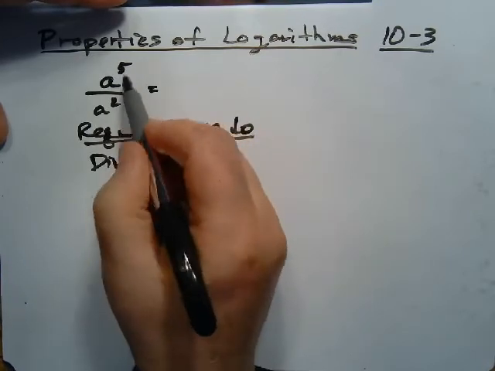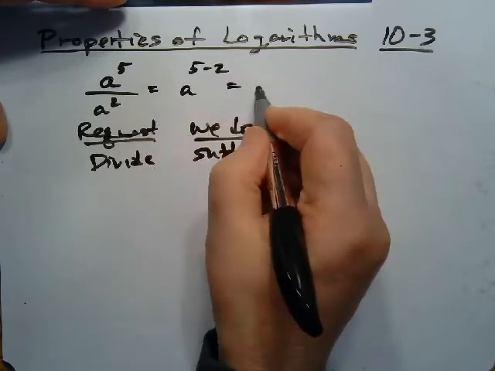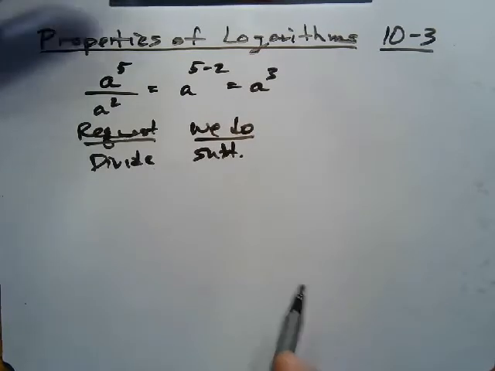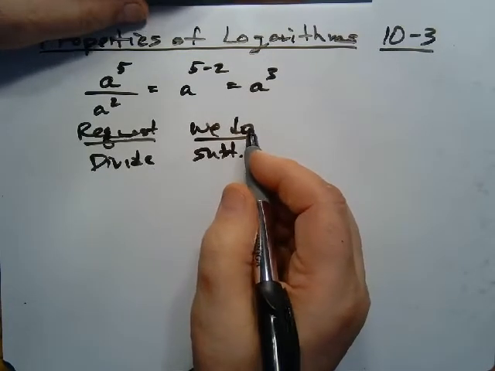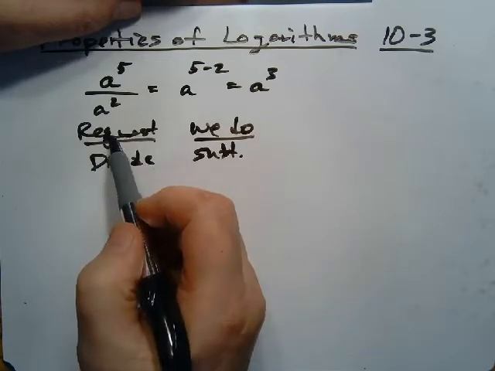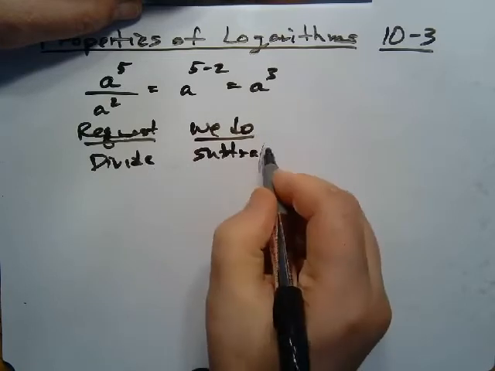Well, what did we get? 5 minus 2, a to the 5 minus 2, or a to the 3. Once again, the thing that we do is different than what the request is. That seems odd, but if the request is to divide, we will subtract the exponents.